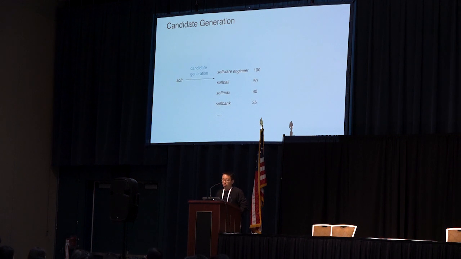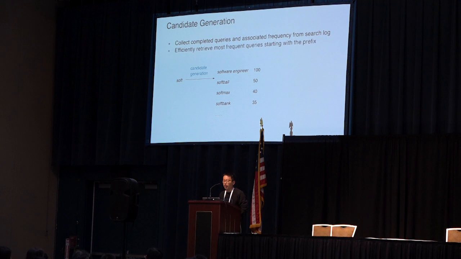Okay, candidate generation. This is an example of the candidate generation. The 150 is the frequency of the completed query. So the first step you need to do is, from the search log, collect all the completed queries, and then compute the associated frequency.